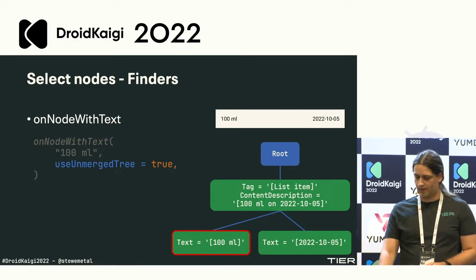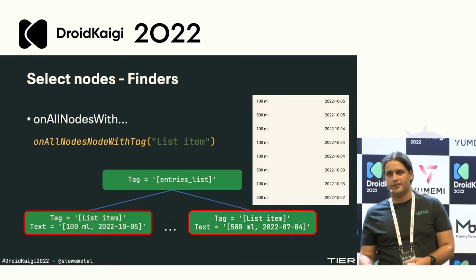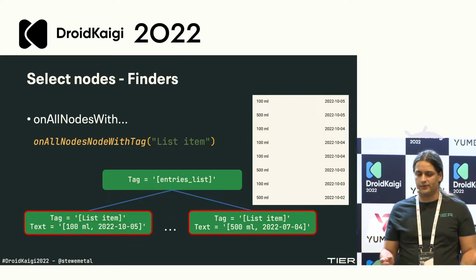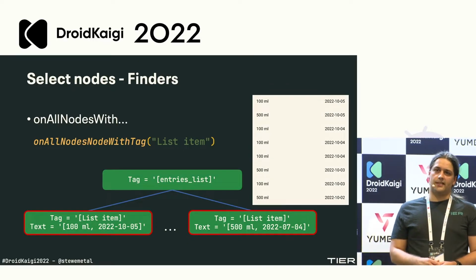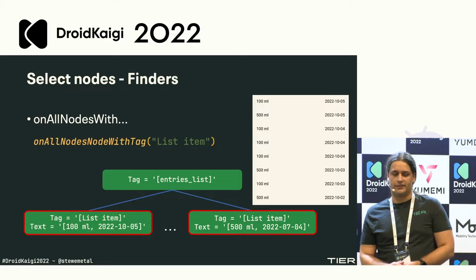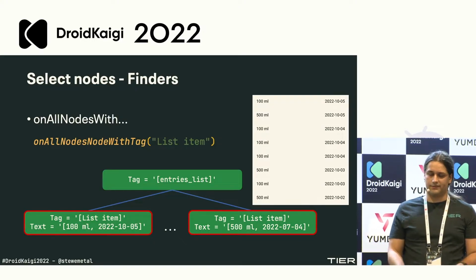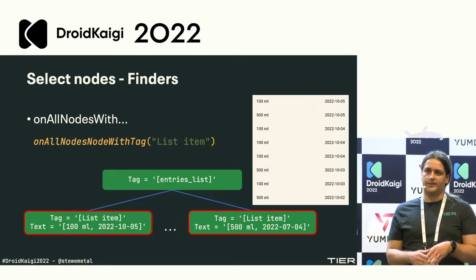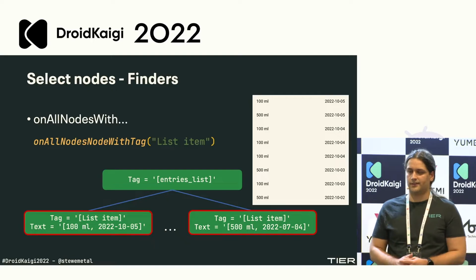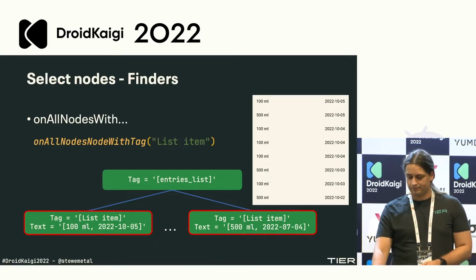Okay, we already touched the onAllNodesWith functions, which are pretty much the same as the onNodeWith functions. They can just select multiple of the matching nodes. So for example, in a list, if the item composable has a certain test tag, then you can get all of the semantics nodes relating to those composables.